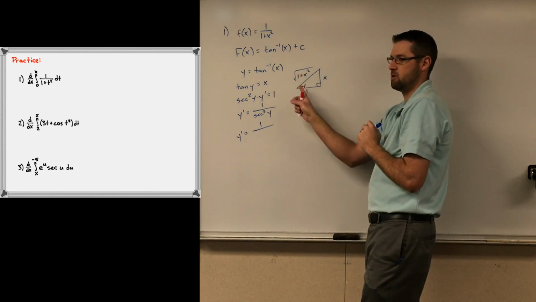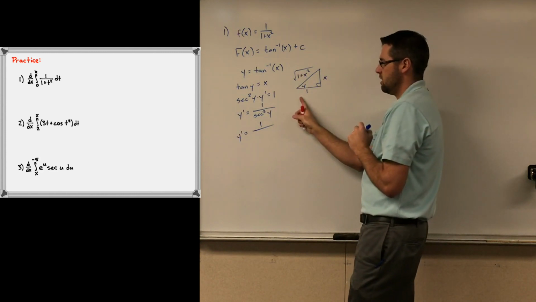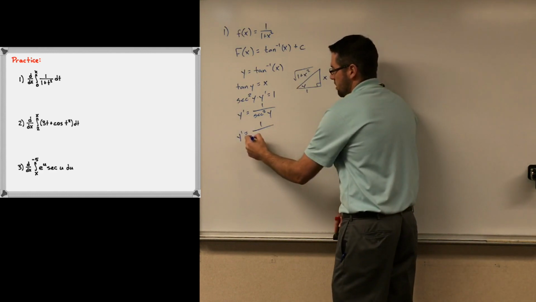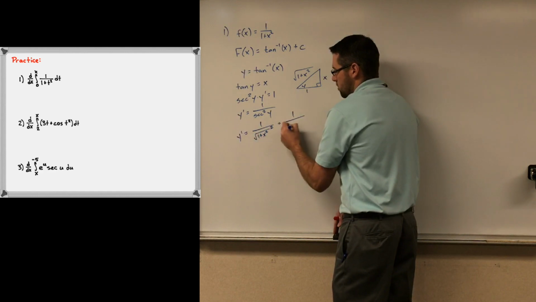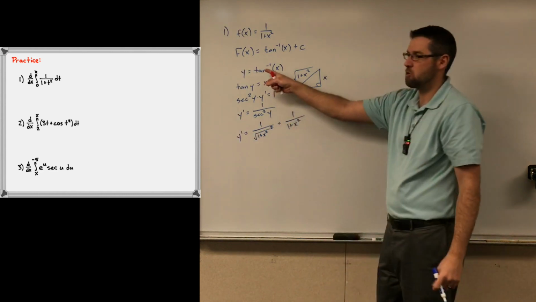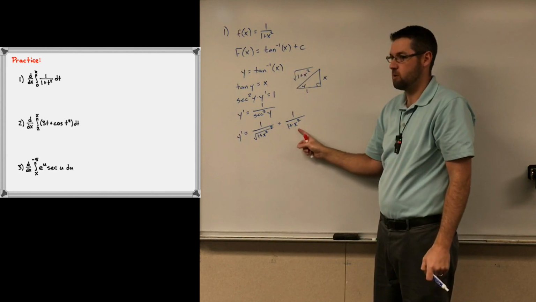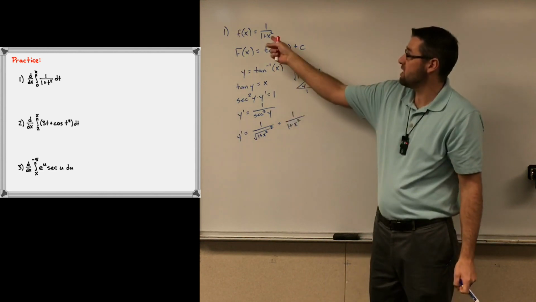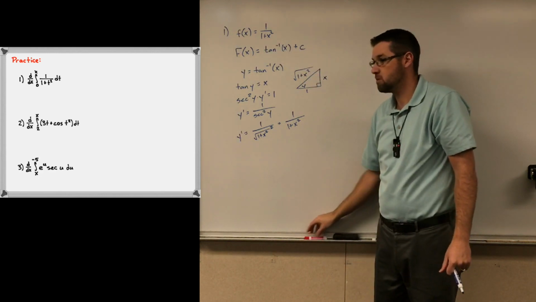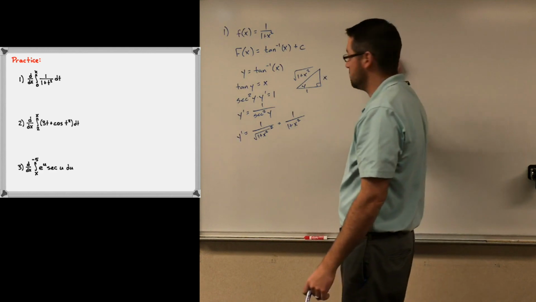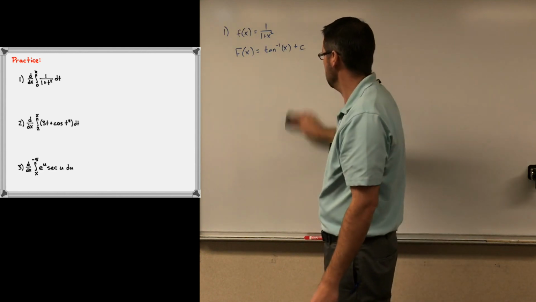It's hypotenuse over adjacent. And then when I go to square that, you could argue it's root 1 plus x squared, but then I have to square it. So it's 1 over 1 plus x squared. So we can see that the derivative of arctangent is 1 over 1 plus x squared. So that when I'm taking the antiderivative of 1 over 1 plus x squared, what are you getting? You get arctangent, right? Okay.